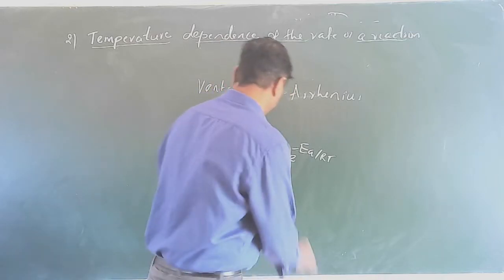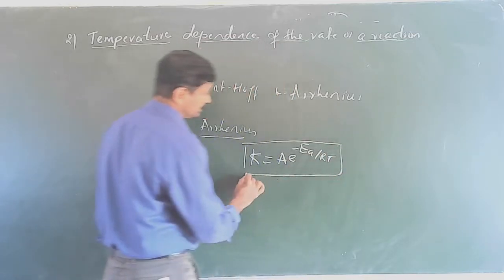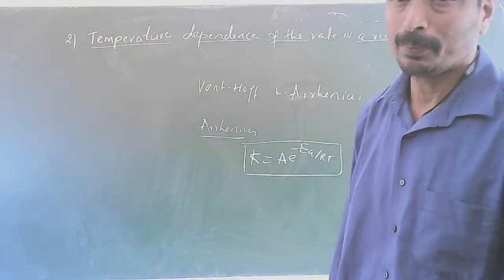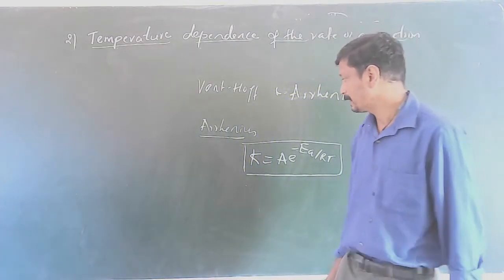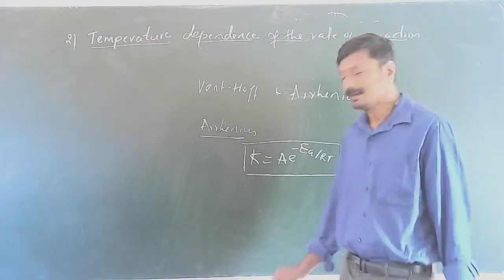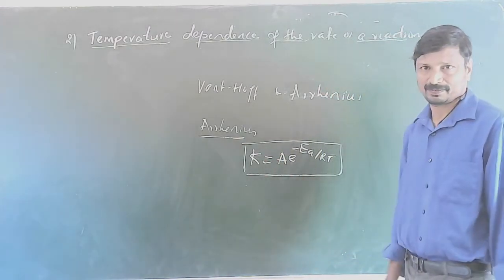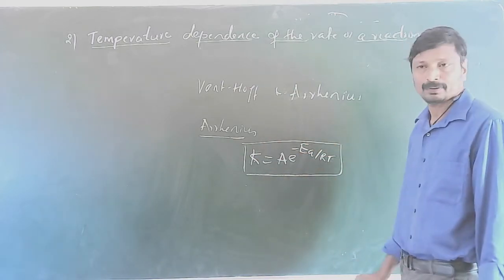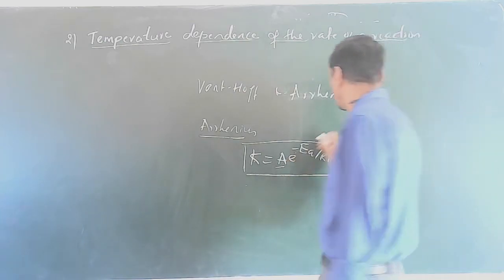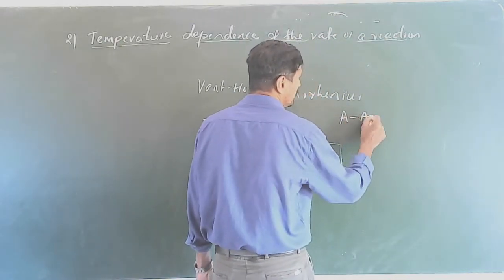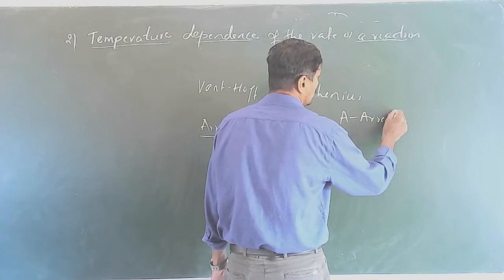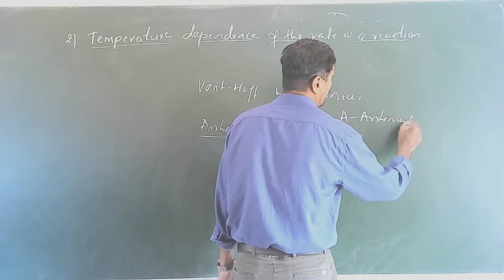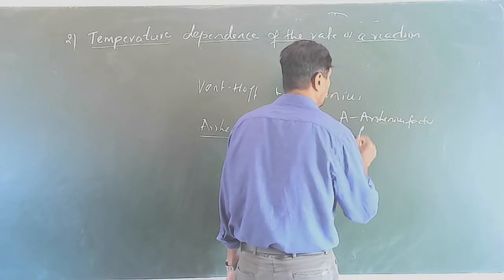This is called the Arrhenius equation. It explains how the rate of the reaction varies with the temperature. Here k is the rate constant and T is the temperature, so this is a relation between rate constant and temperature. What is this A? A is the Arrhenius factor, or frequency factor.